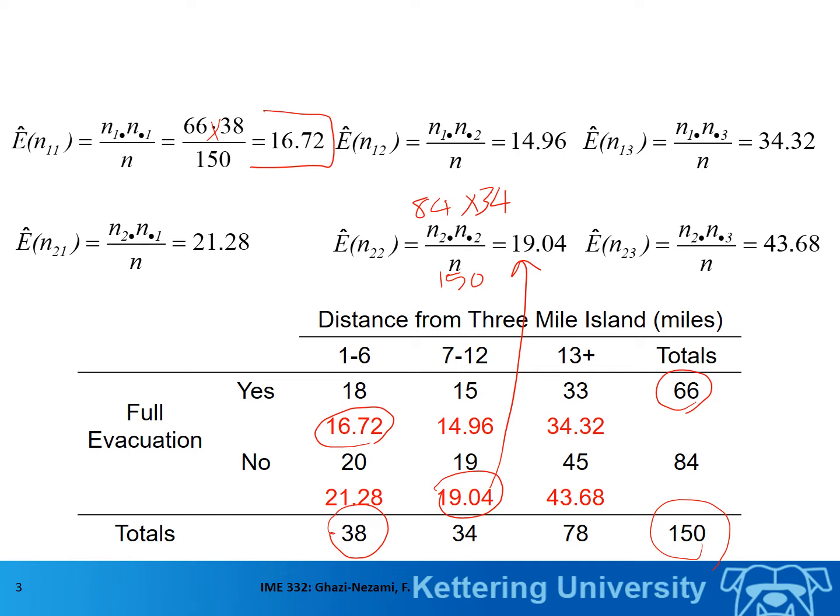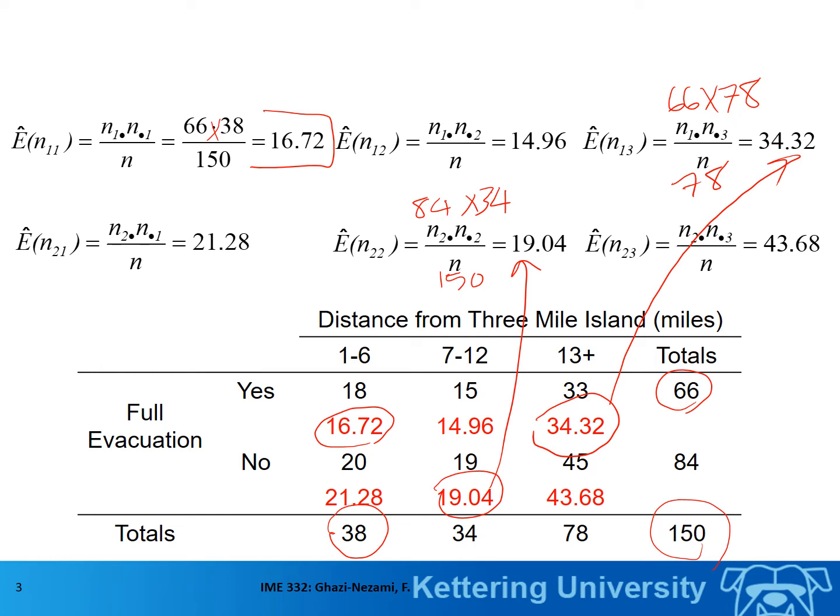Or let's just calculate the value for this other cell. It's the summation of row 1, which is 66, times the summation of column 1, which is 78, divided by 150.